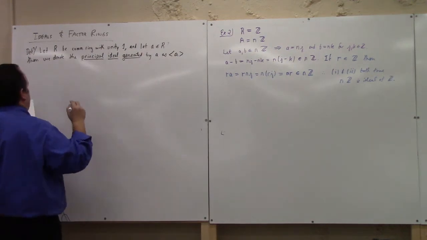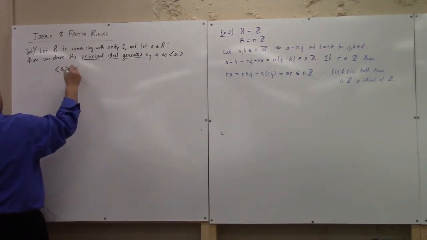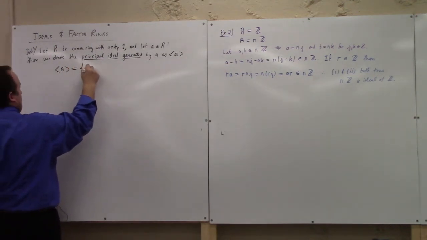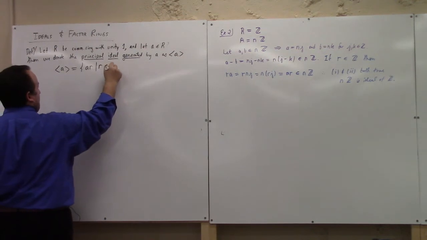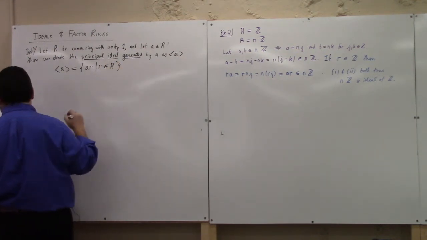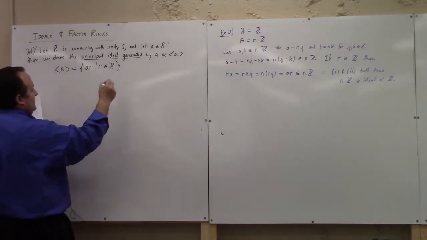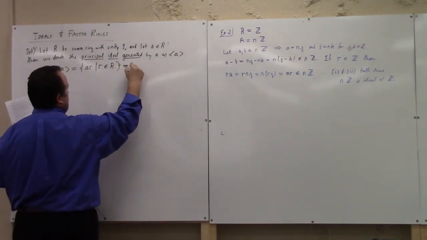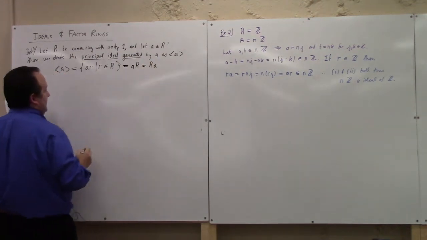What that means is that bracket a is equal to ar such that r is an element of the ring. Other notation you could use for that is really just a times the ring, and of course that's also equal to the ring times a because we're assuming commutative.